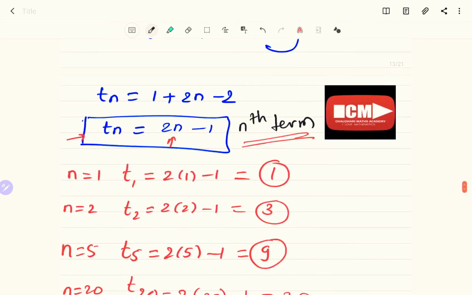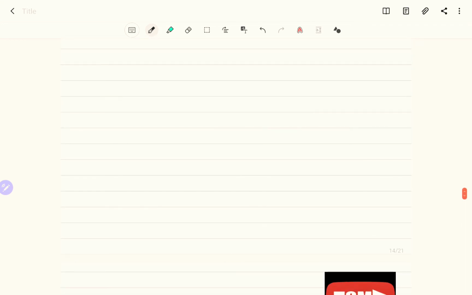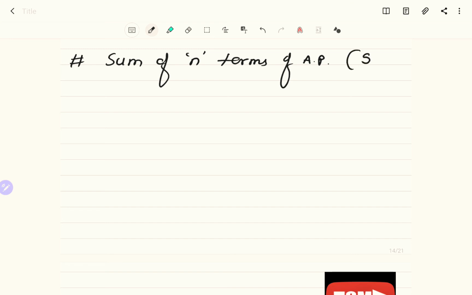Okay friends, so let's revise the next terminology from arithmetic progression, and that is nothing but the sum of n terms of AP. Right? And for the sum we use S, and we want summation of n terms, so it is represented by the symbol Sn. So what is the meaning of sum of n terms of arithmetic progression?